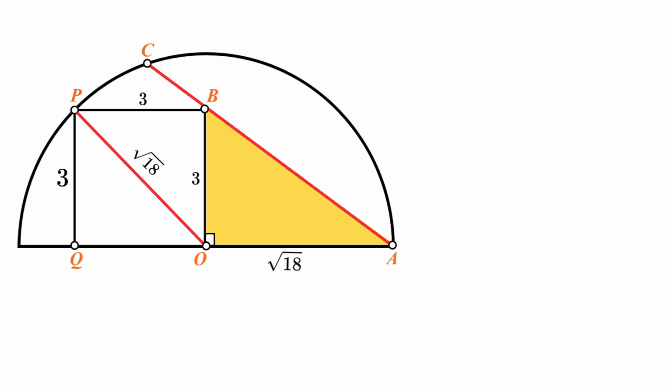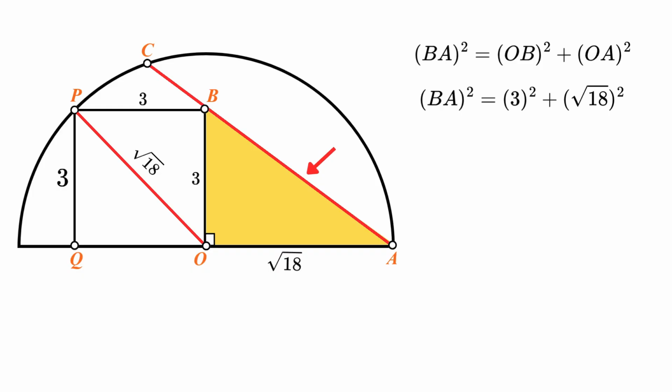The right angle is at O. So, we apply the Pythagorean theorem to find the hypotenuse BA. BA squared equals OB squared plus OA squared. By substituting our values, BA squared equals 3 squared plus the square root of 18 squared, which equals 9 plus 18, which equals 27. So, BA equals square root of 27.